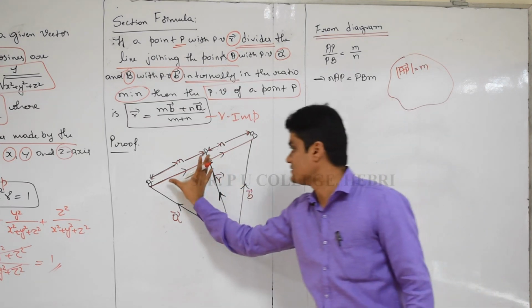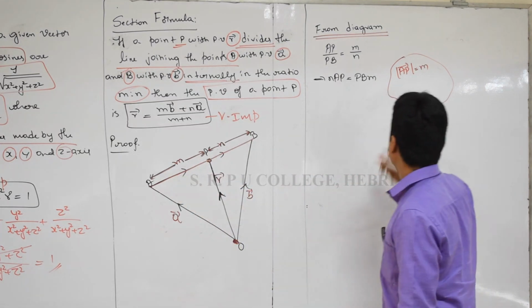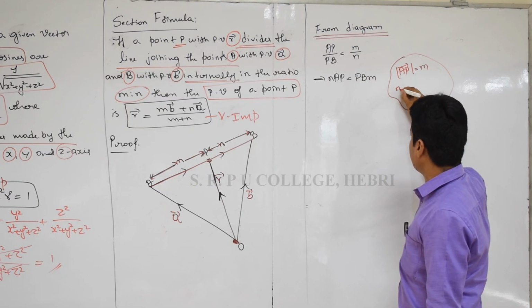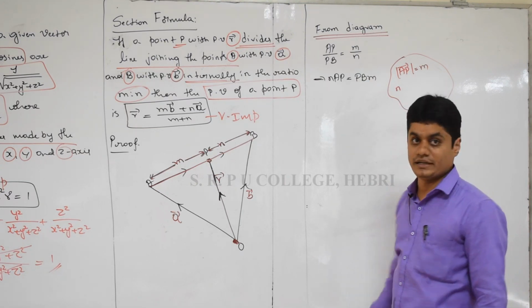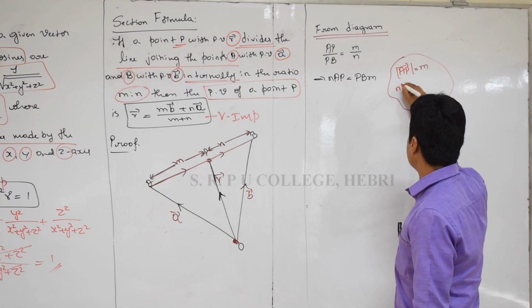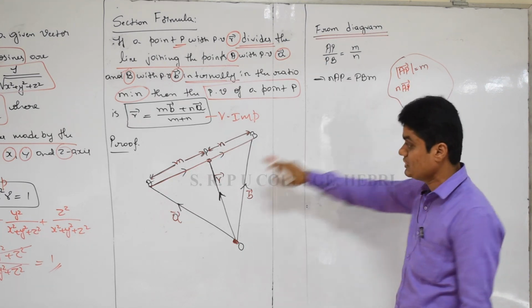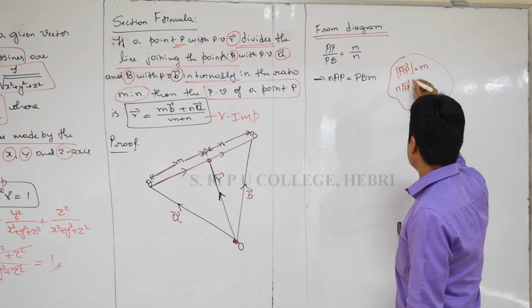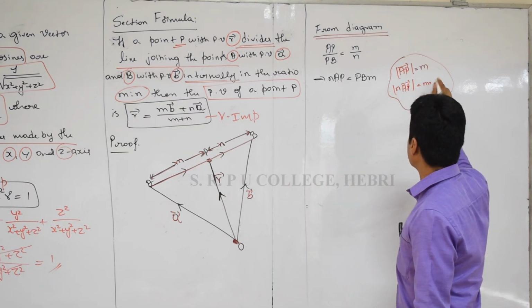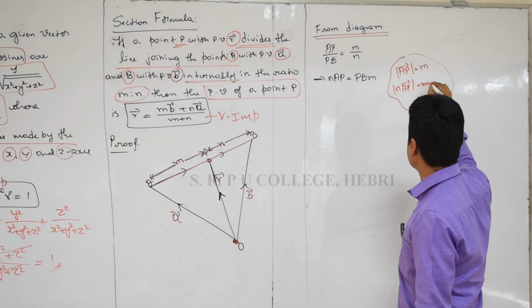Now n is a positive number, right? When you multiply n to vector AP, the direction remains the same, along A to P only. The magnitude of this is M into N, correct?